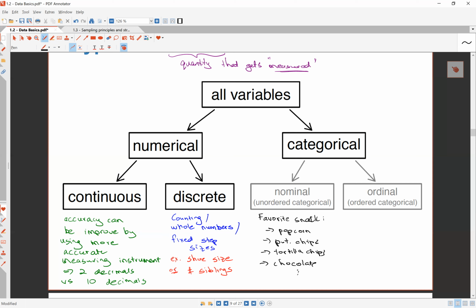You know, you just have categories, but they don't have a natural way of ordering them. Versus if something is ordinal, then you have categories that can be arranged either in ascending or descending order.